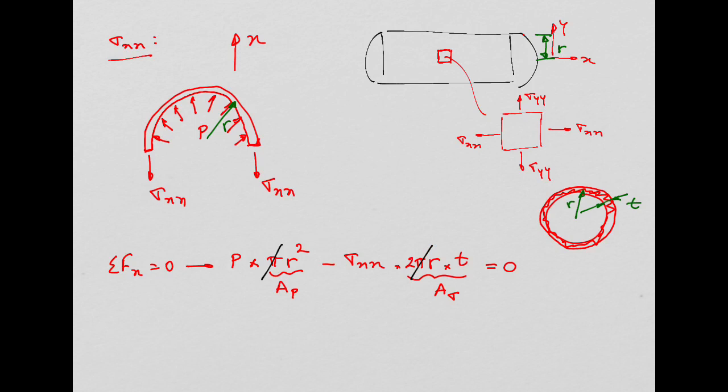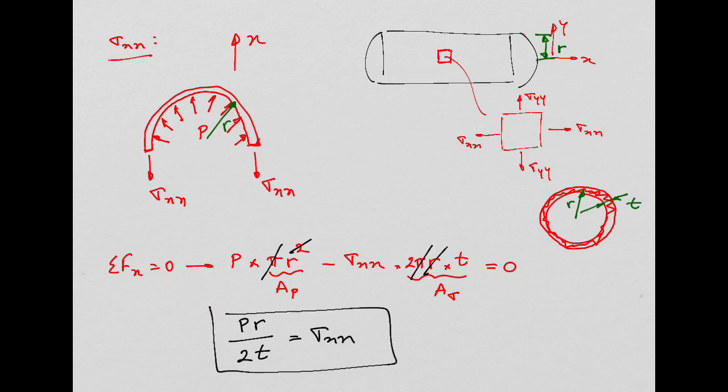So pi cancels out, and the r squared cancels with one r, so we have pressure times the radius over 2t equal to sigma xx.